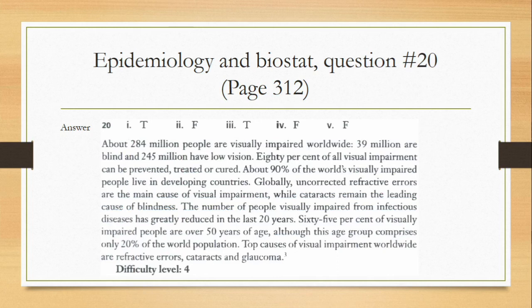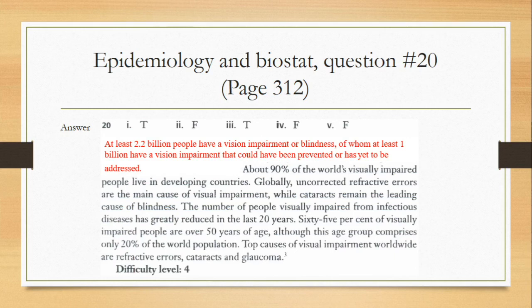If you read the World Report on Vision by the World Health Organization, so if you read that PDF, you would find out that it says that at least 2.2 billion people have a vision impairment or blindness, and of whom at least 1 billion have a vision impairment that could have been prevented or has yet to be addressed. So all of those numbers were wrong.